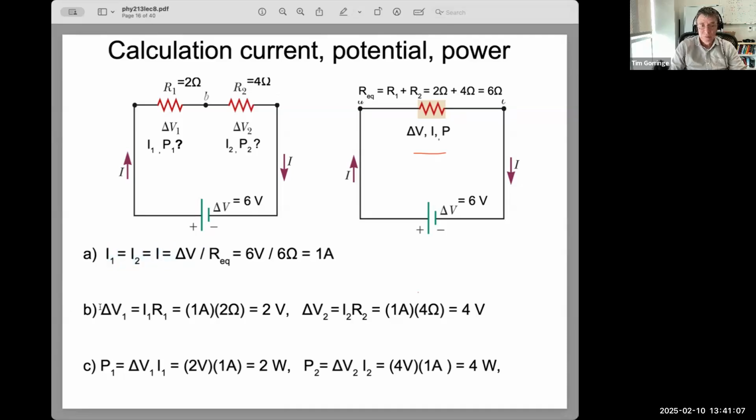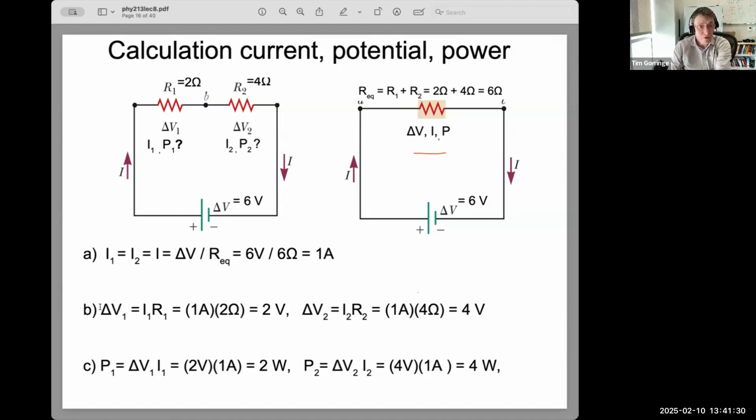What about the voltages? The voltages are easy and straightforward to figure out for R1, R2 now, because we know the currents through R1 and R2, and we know that they obey Ohm's law. That's the relationship between current and voltage. So if you know a resistor's resistance, and you know its current, you can find its voltage.